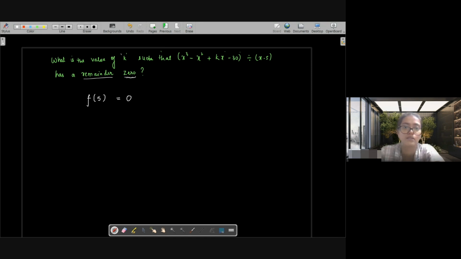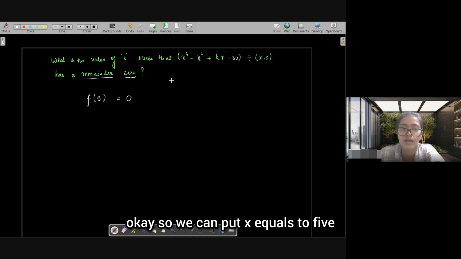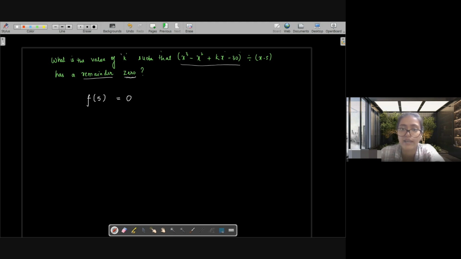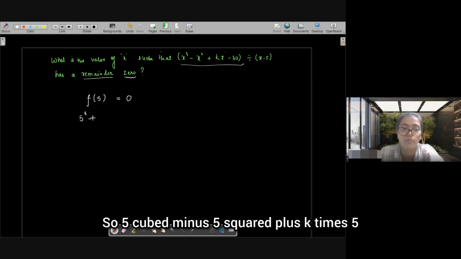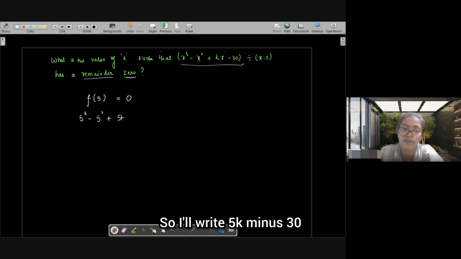So we can put x equals 5 in this polynomial. So 5 cubed minus 5 squared plus k times 5, so 5k, minus 30 equals 0.